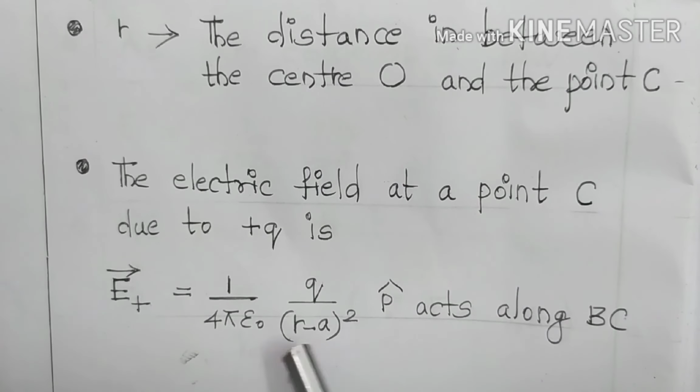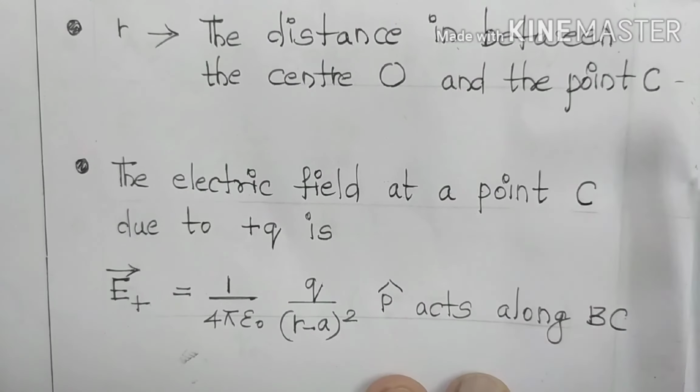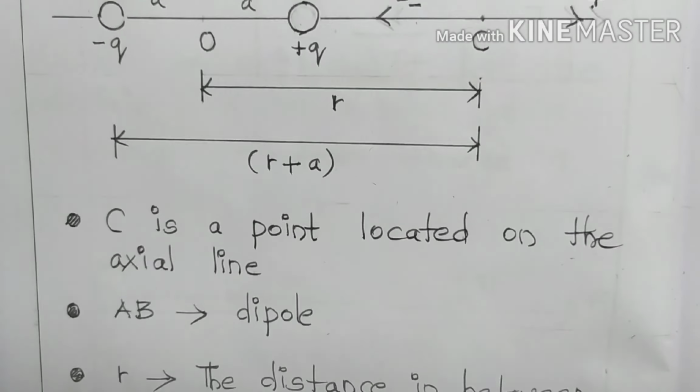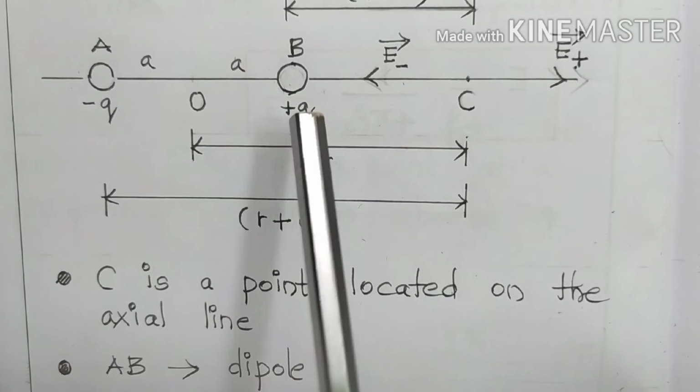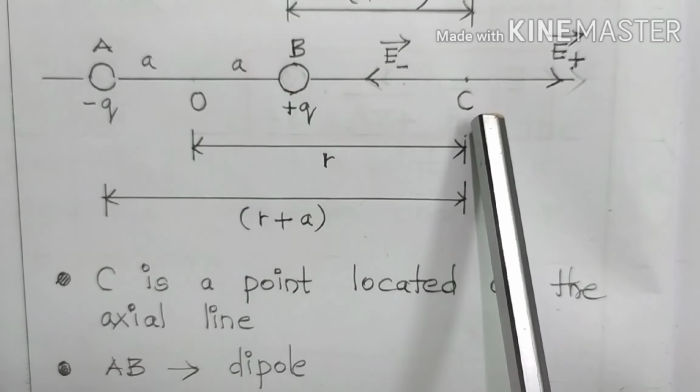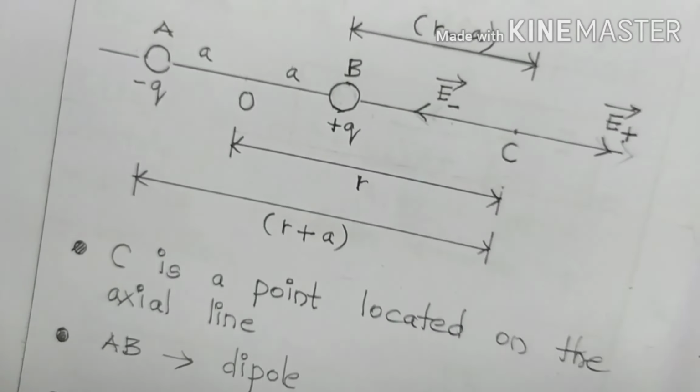So in the place of r we have written r minus a whole square. This p cap is the unit vector. Now this electric field is acting along the direction BC. See the diagram: the electric field E plus is acting along the direction from B to C.